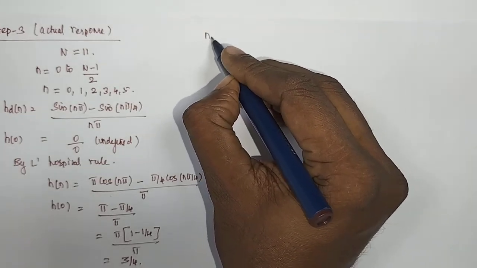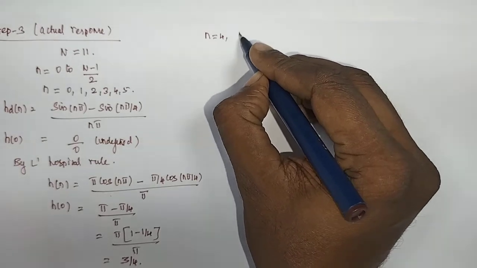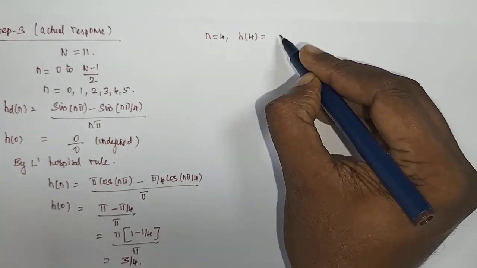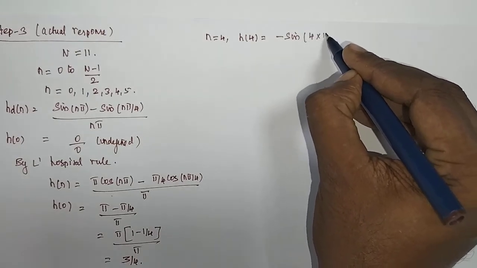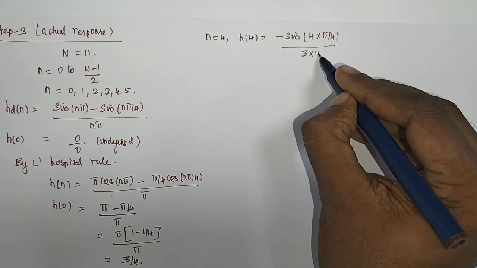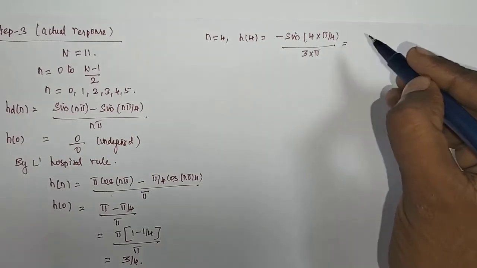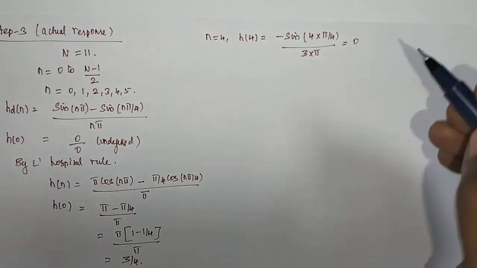For n is equal to 4, that is h of 4 is equal to minus sin 4 into pi by 4 divided by 4 pi, and this value is equal to, that is 4 by 4, sin pi value is equal to 0.